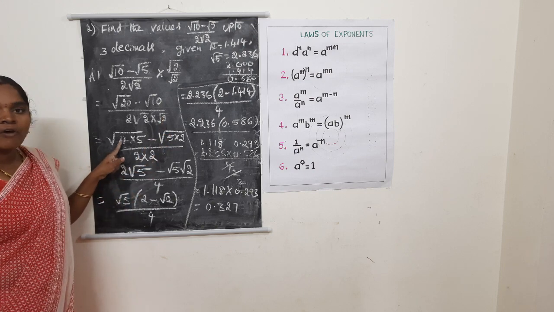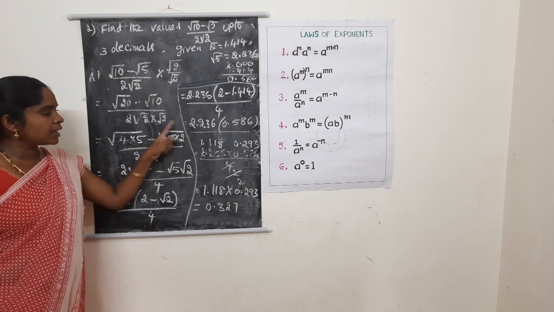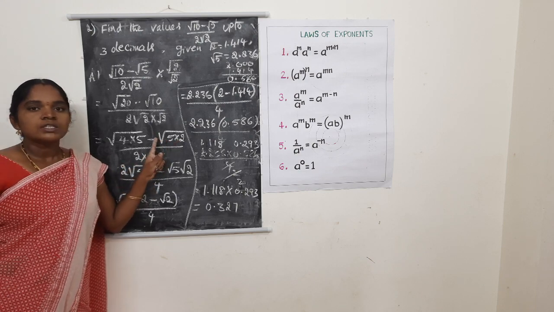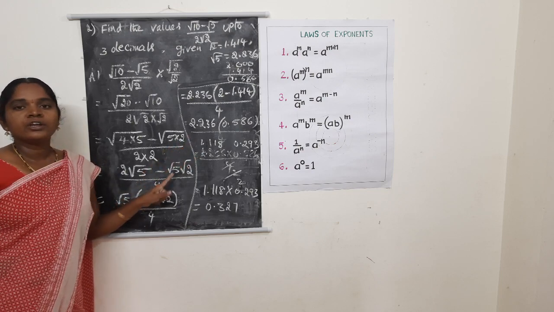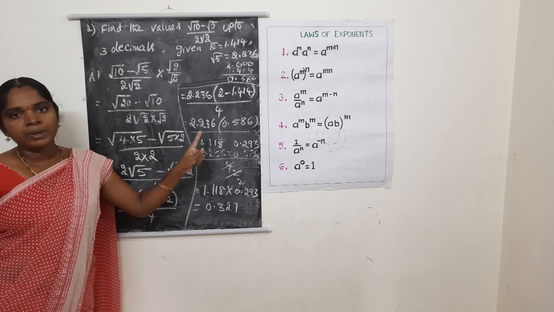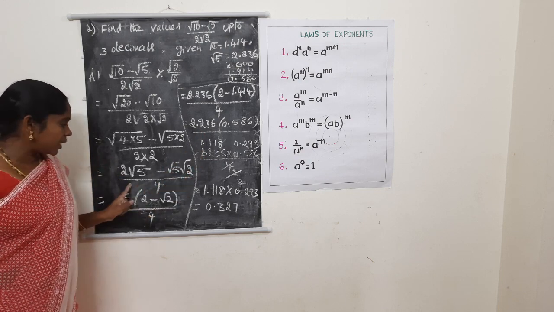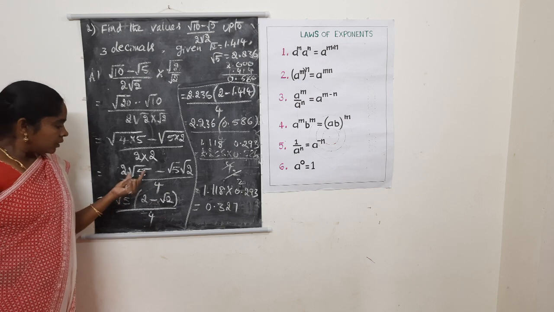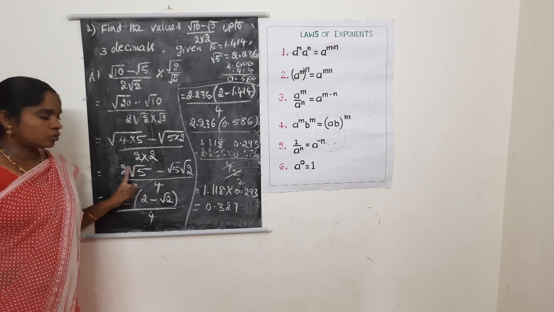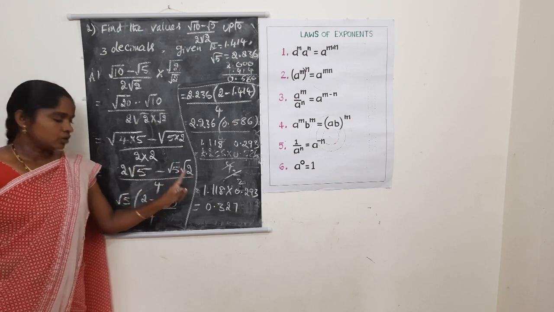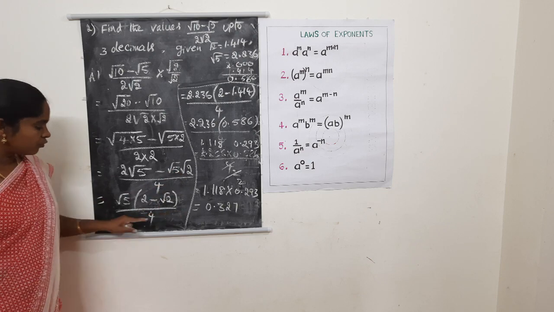The square root of 4 value is 2, so 2 root 5 minus this. This is in the form of square root of a into b. Root of ab equals square root of a into square root of b, by 4. Let us compare root 5 from both. Root 5 common, 2 minus square root 2 by 4.